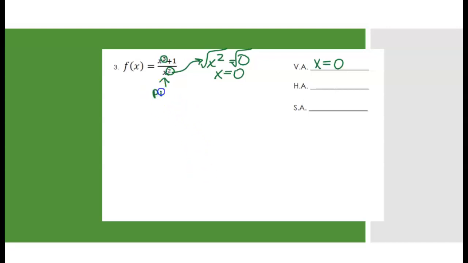So bigger power on top, which means we're kind of invoking that second rule of horizontal asymptotes, which is if the degree of the numerator is greater than the degree of the denominator, then there is no horizontal asymptote. Good. So what are we going to put here? None.